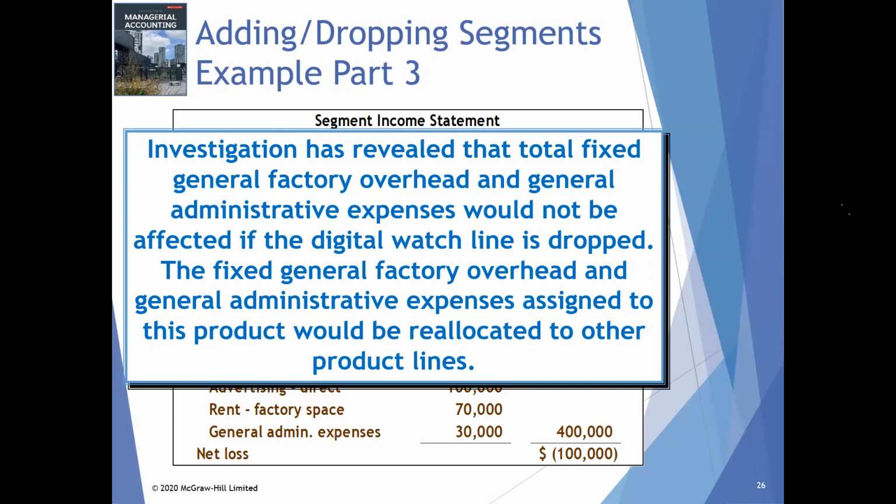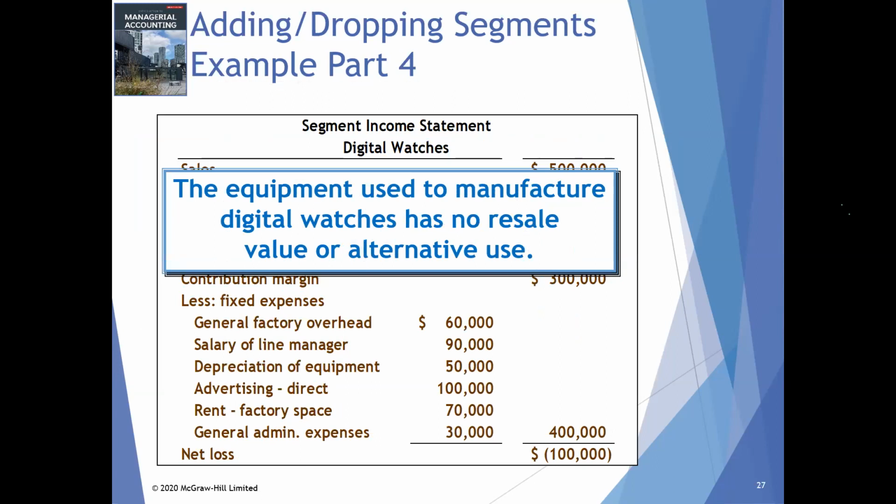It means if you are going to discontinue this watch production, or discontinue this product in your product line, these expenditures will be considered for the rest of the product lines in the same factory. Also, one thing you revealed in the investigation is that the equipment used to manufacture digital watches has no resale value or any alternative use.